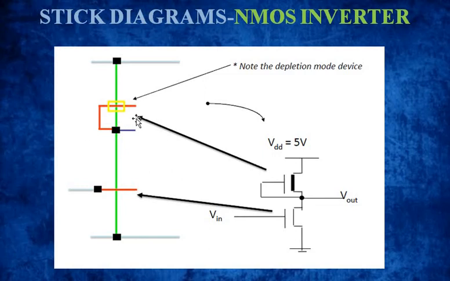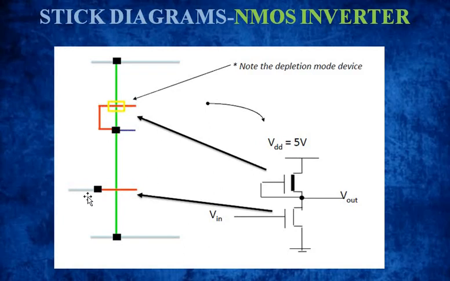Now the above one is your depletion mode transistor, and the input comes from the gate terminal. For the gate terminal we use polysilicon, and since it is a depletion mode, we give a yellow implant. So from here you will be getting the output.